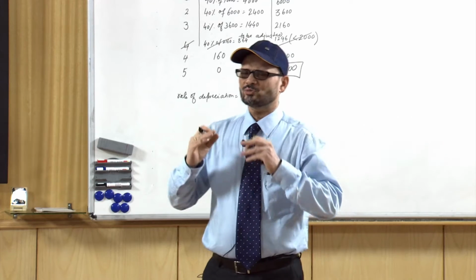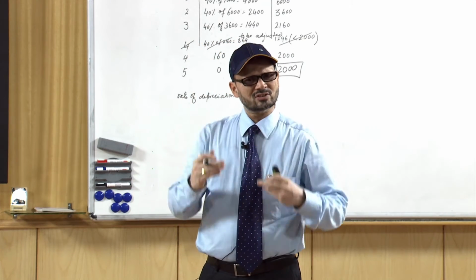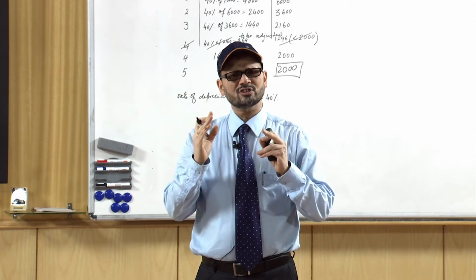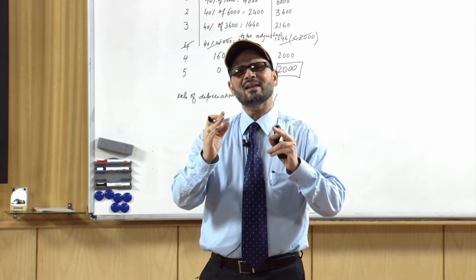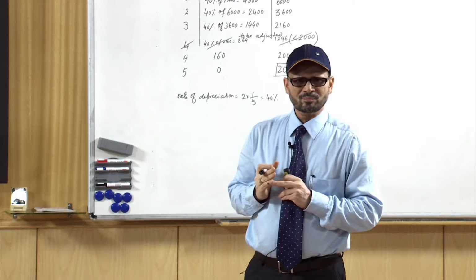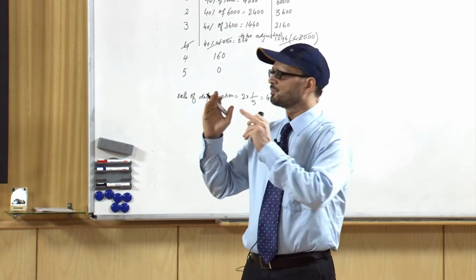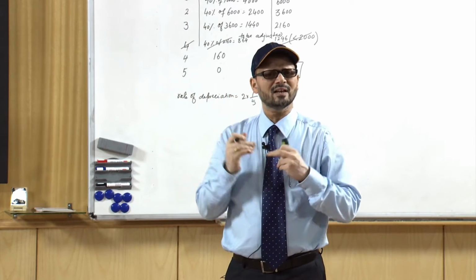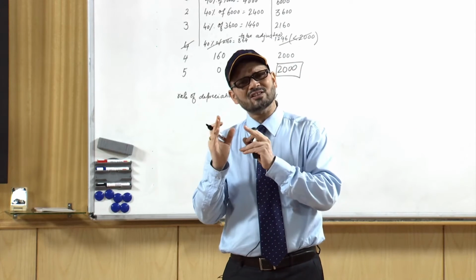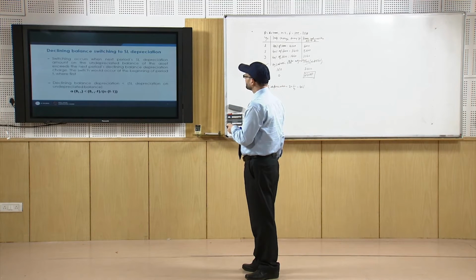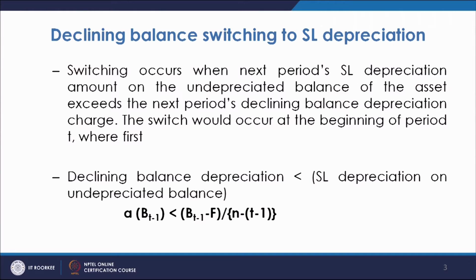Switching is practiced when it is seen that at this period, if you calculate the depreciation charge based on the life remaining of the asset using the straight line method and using the declining balance method or double declining balance method, whichever is larger should be taken. So, when declining balance depreciation is less than the straight line depreciation on undepreciated balance, in that case you go for switching to straight line.